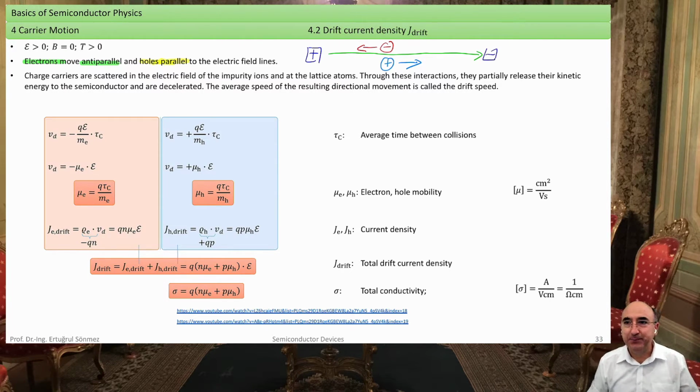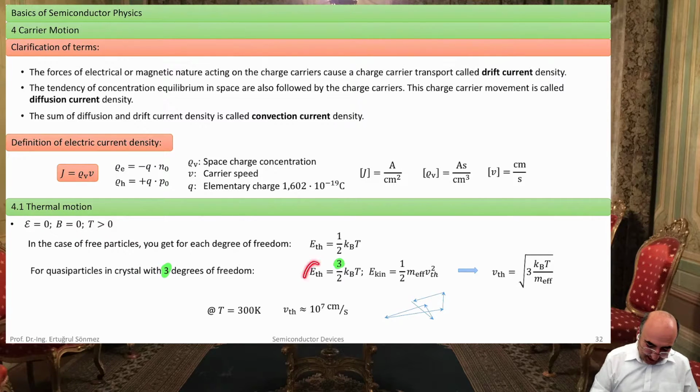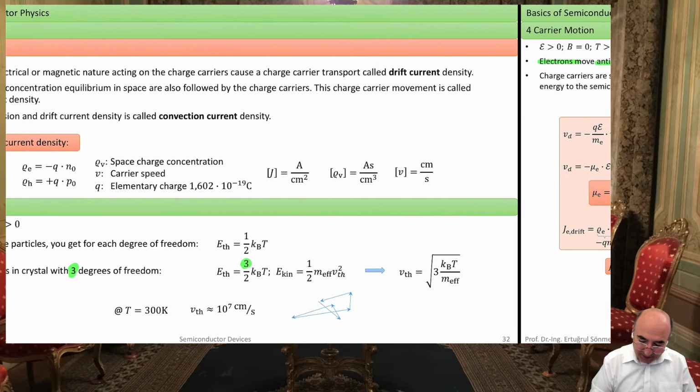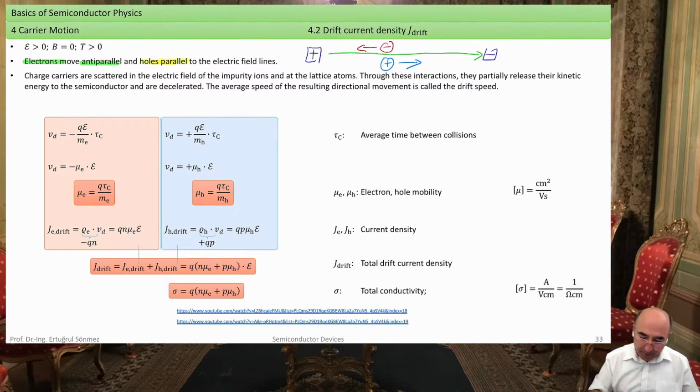What is energy in the lattice? Temperature. You raise the temperature. That means if you have moving particles in the lattice, you increase the temperature due to the movement. And that's the cause of the ohmic resistors.